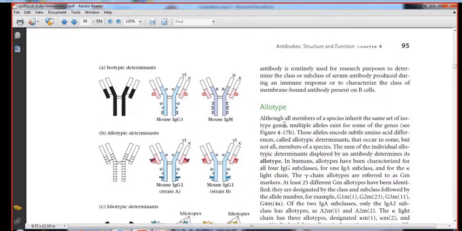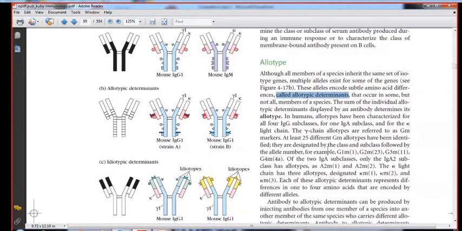Although all members of a species inherit the same set of isotypic genes, multiple alleles exist for some of the genes. They are isotypic because in both cases these are mouse, but these alleles encode subtle amino acid differences, known as the allotypic determinants.